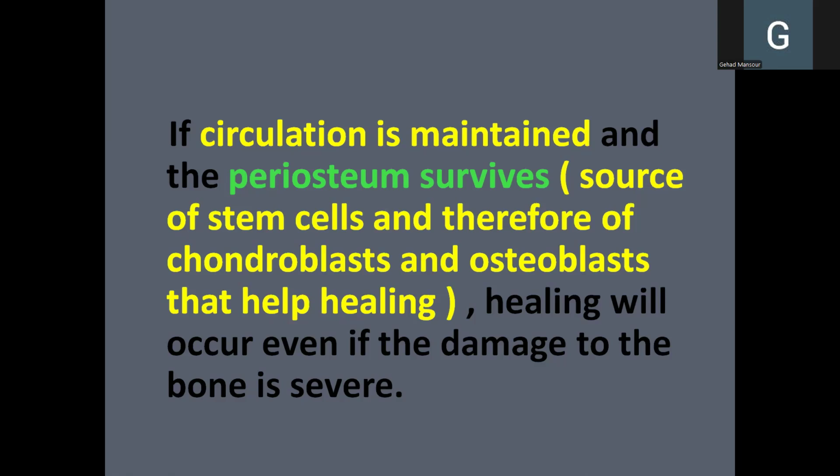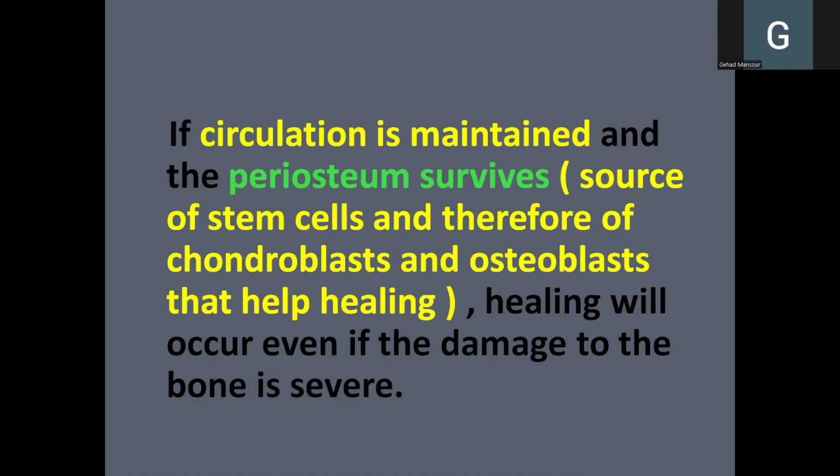And the stem cells, as you know from your previous study, are nothing but undifferentiated cells that rapidly divide. And when placed in a particular differentiated tissue, they can differentiate into the same type of cells. So if they are put in liver tissue, they will differentiate into liver cells. If they are put in bone tissue, they will differentiate into bone cells.